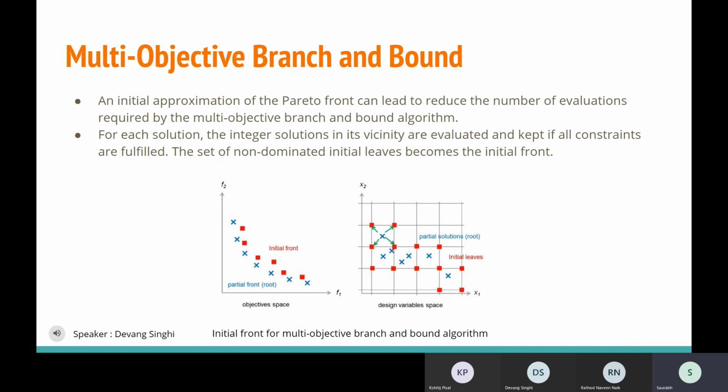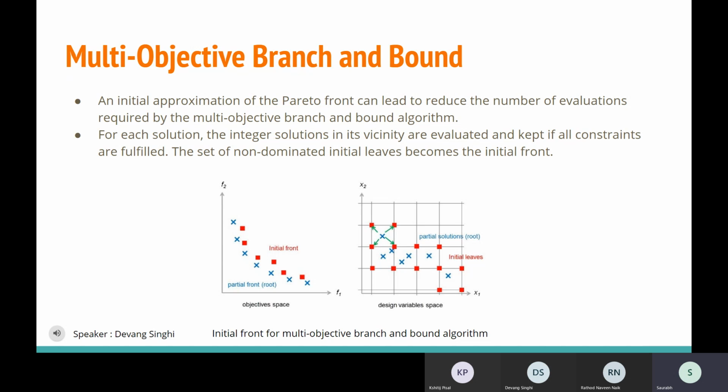Let us understand how multi-objective branch and bound algorithms are initialized. An initial approximation of the Pareto front can lead to a reduced number of evaluations required by the multi-objective branch and bound algorithm. This front may be found by meta-heuristic methods, but we can also use a partial front at the root node.